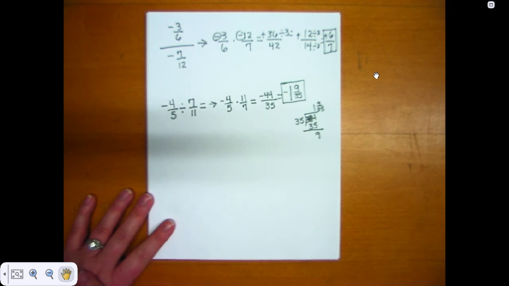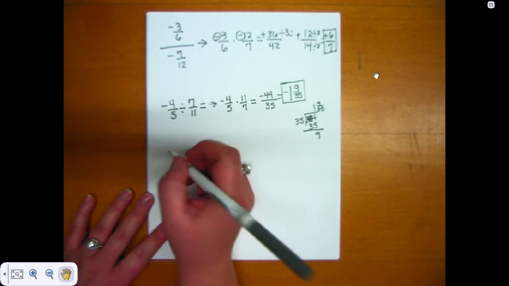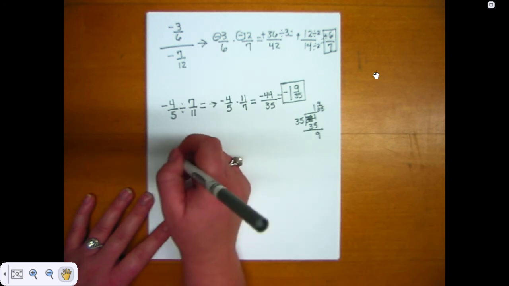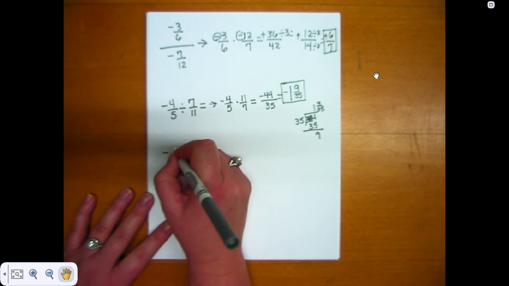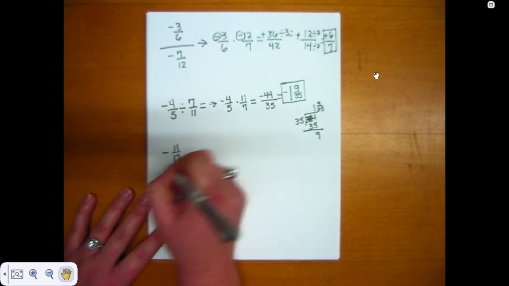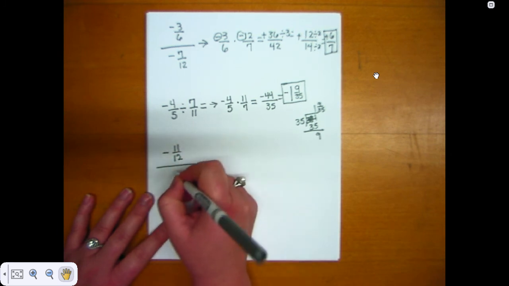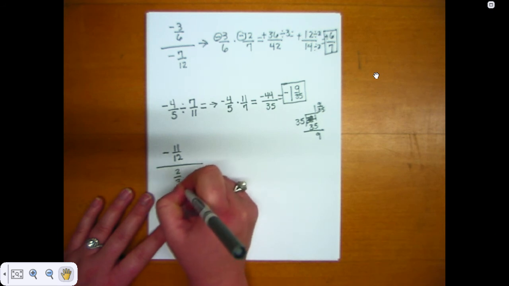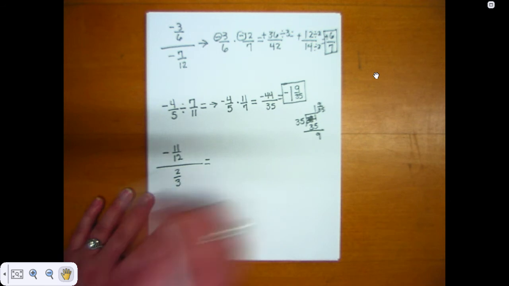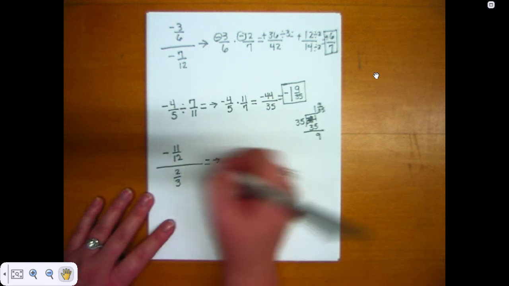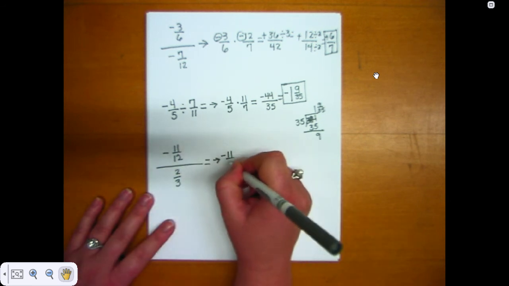Okay? Let's try negative 11/12 divided by 2/3. Again, we do nothing to our first one, negative 11/12.